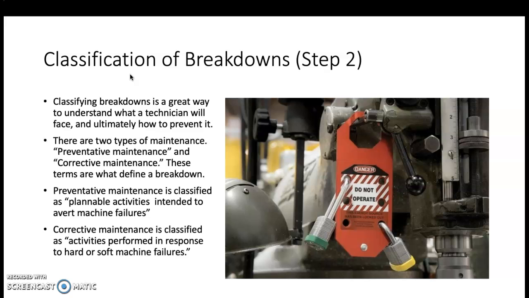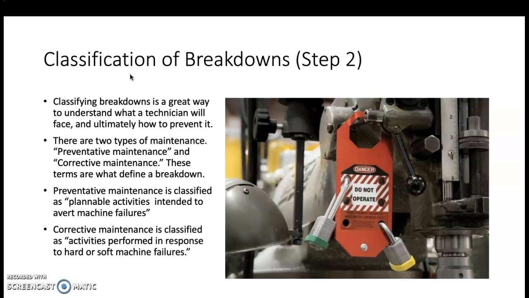Preventative maintenance would be, okay, next week I need to change the oil in this machine. And corrective maintenance is, oh, the oil's low, I need to go change this because somebody didn't do their PMs.